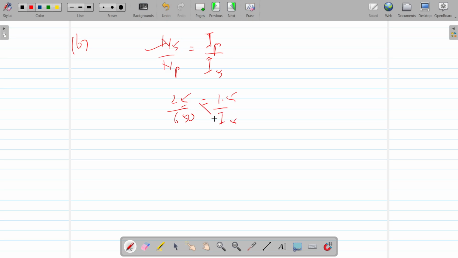We have to find the current in the secondary, just cross multiply this. So Is equal to हो जाएगा 650 into 1.5 by 25, ये चला गया, that 1.5, 50 just cancel 13, this is equal to 39 ampere.